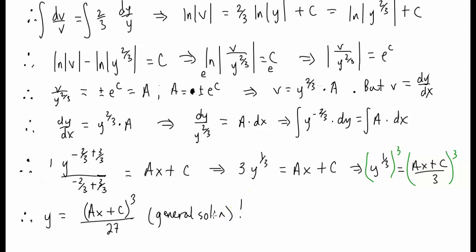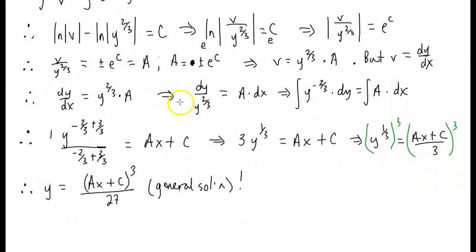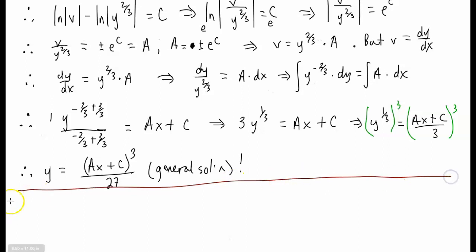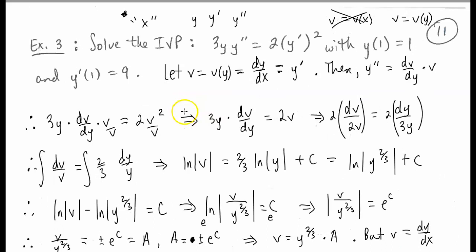Okay. All right, so now that we know what our general solution is, we can now go and use our initial conditions. Okay. And I'll do the initial conditions here in a different color. So here now, let's say initial condition. And the first one that we had here was, I think it's y of 1 is 1.